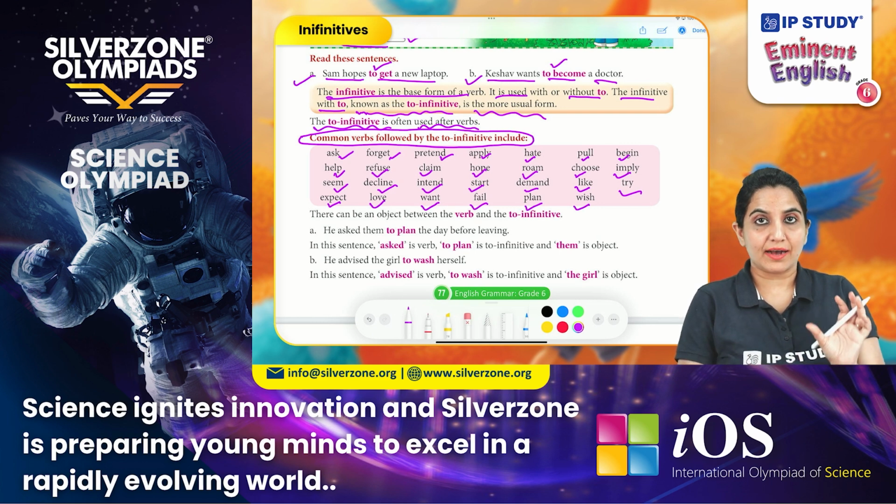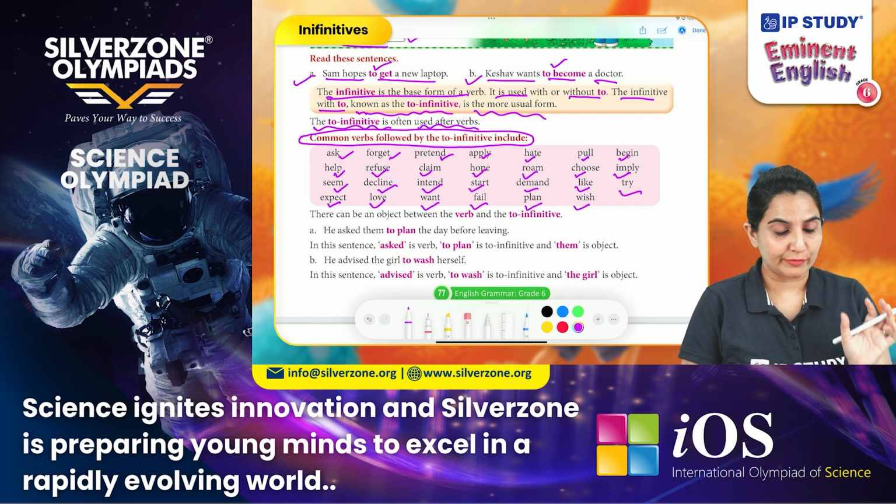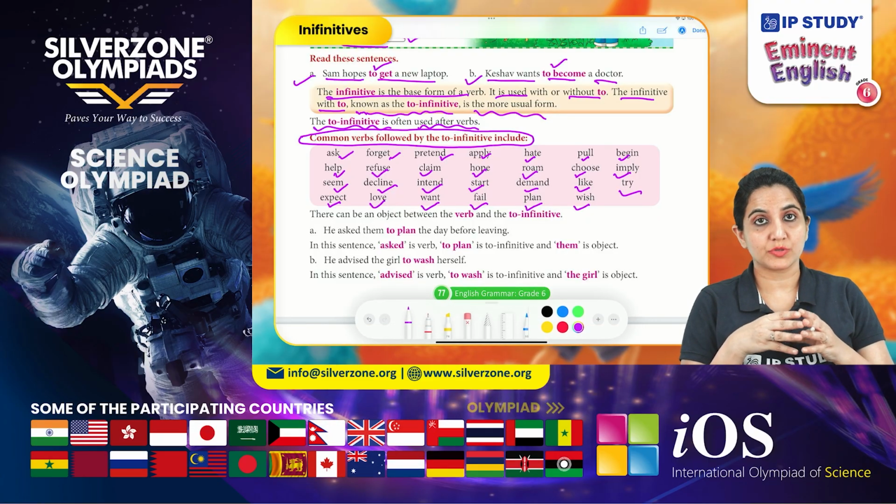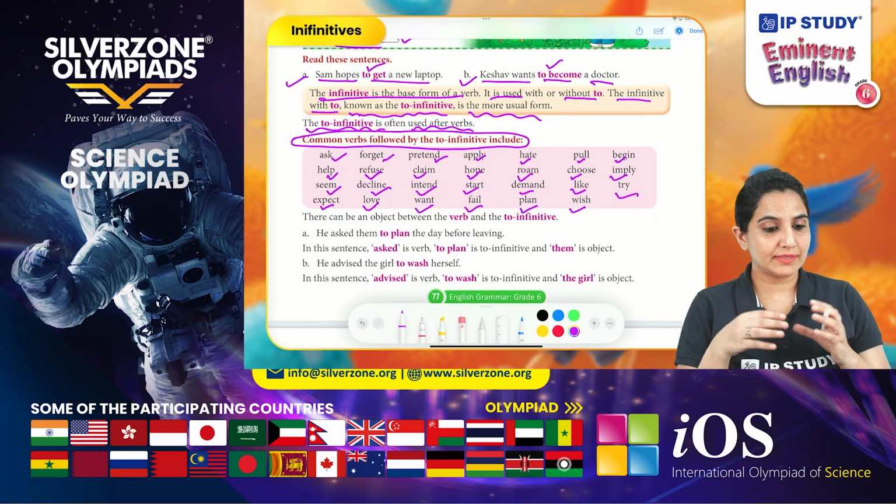All of these are examples of to-infinitive verbs. That means these are the verbs which require the preposition to complete the sentence.